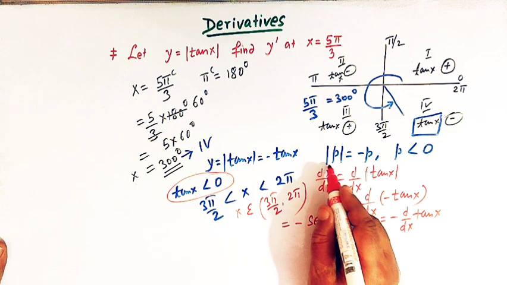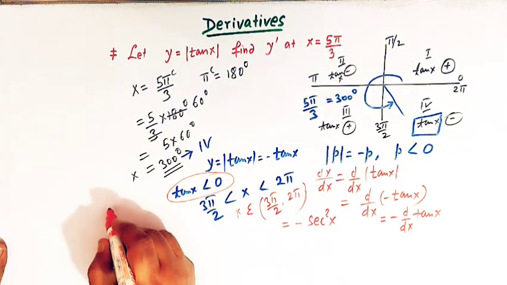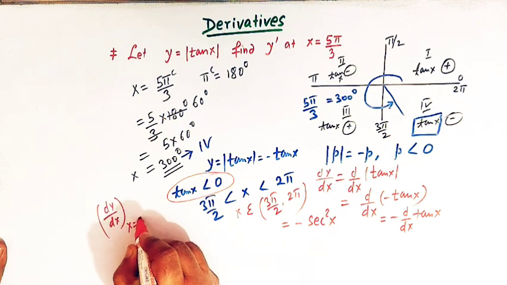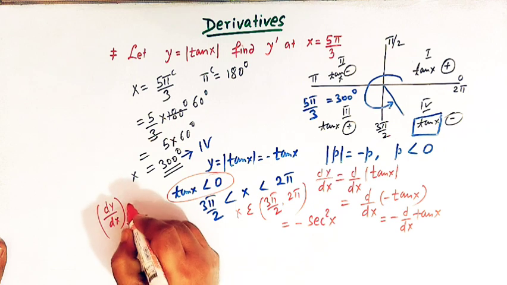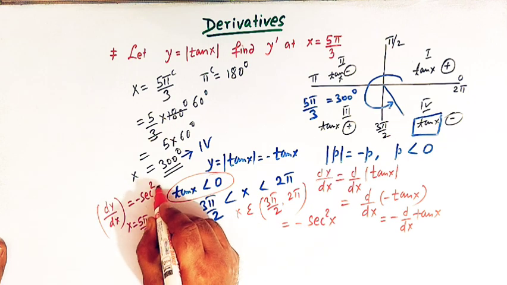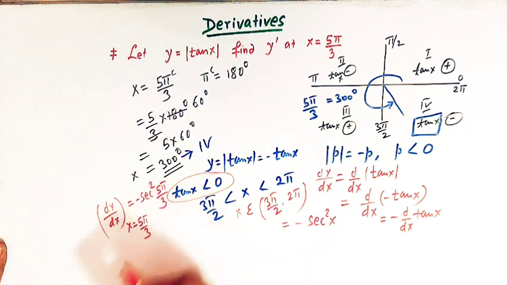So now the derivative at this point is given by dy by dx at x is equal to 5 pi by 3, so we have negative of sec square of 5 pi by 3.